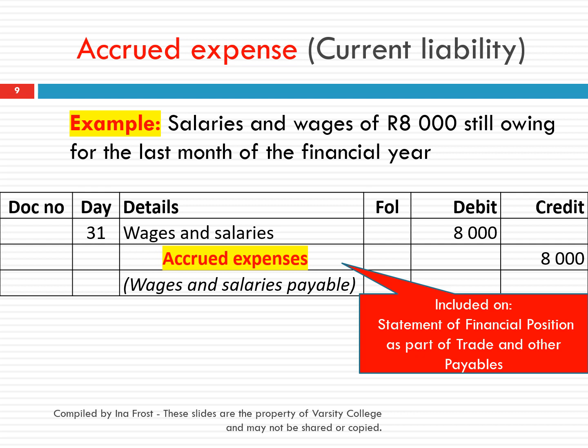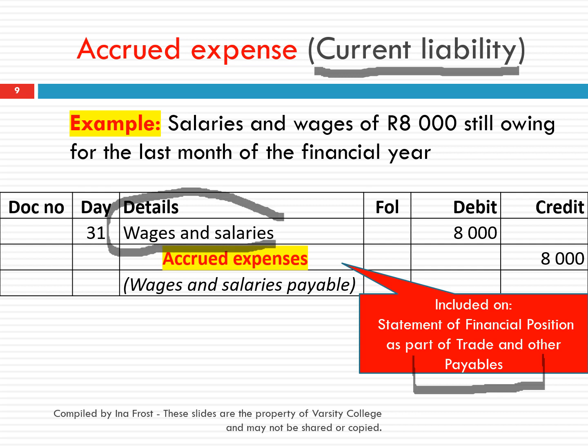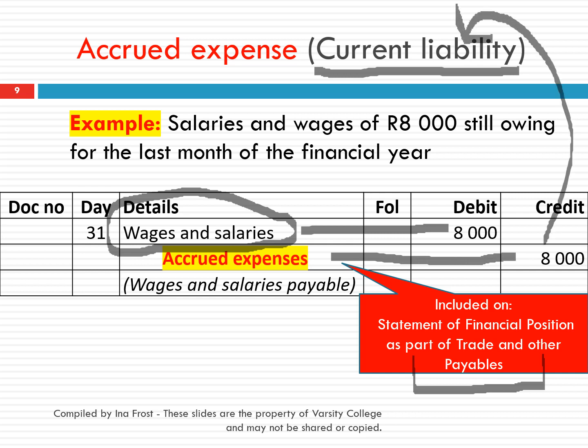An accrued expense is a current liability to the business and will therefore be in the statement of financial position under trade and other payables. So the entry that we always do for an accrued expense is we debit the expense account. You can see there I've debited salaries and wages, and then we're going to credit the accrued expense, because remember again, an accrued expense is a current liability.